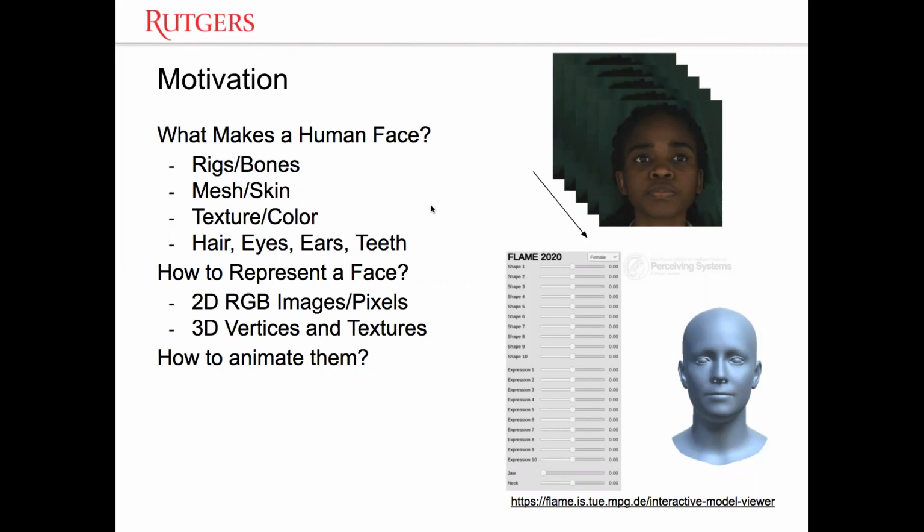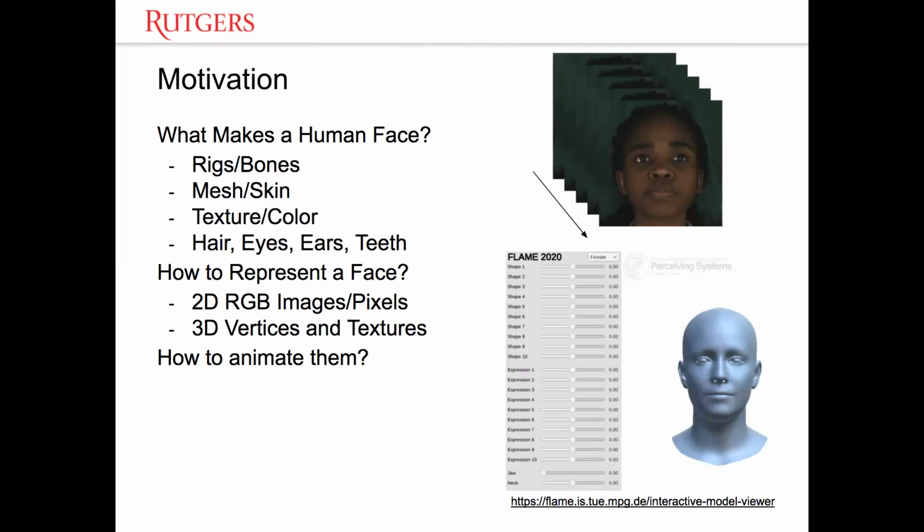With these components, the next question is, how can we represent a face? The intuitive idea is to take a photo of somebody, and you can represent the face in RGB images or pixels.